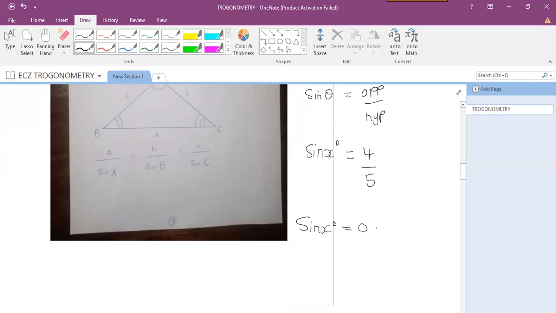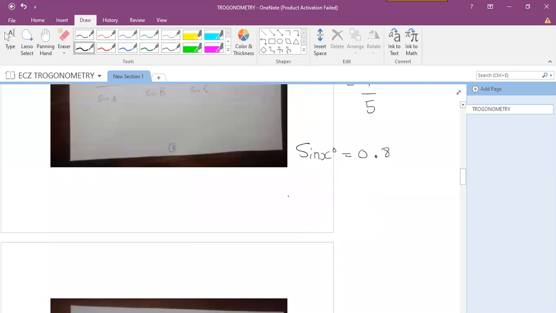So that is 0.8. So normally, when we have an equation like this, to find the value of x, we usually divide both sides by something, right? So we can't divide both sides by sine. By sine what? It doesn't make sense, right? In the previous one, it made sense because we said sine 30, we had a value.